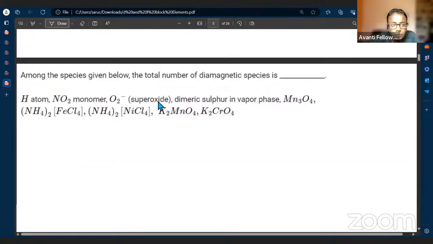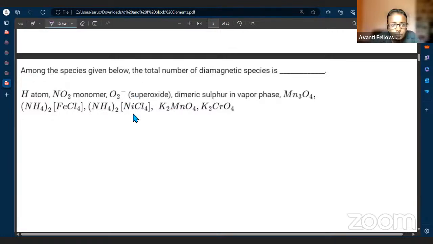You have to calculate the total number of diamagnetic species. Like we have discussed in chemical bonding, we can do it by calculating the total number of electrons. I'll wait for 2 minutes. Try to give the answer.